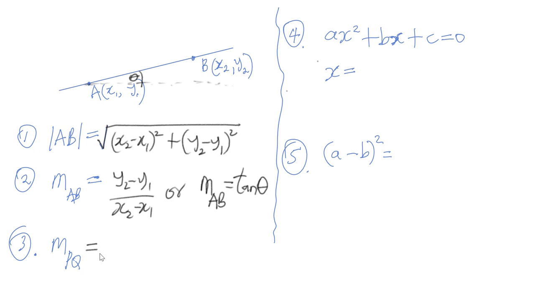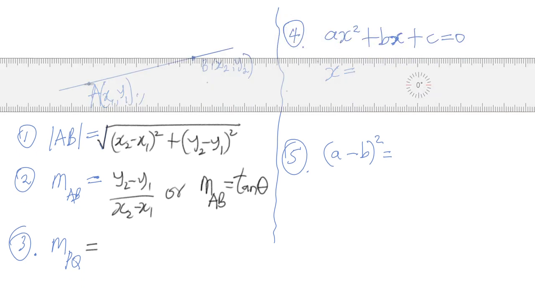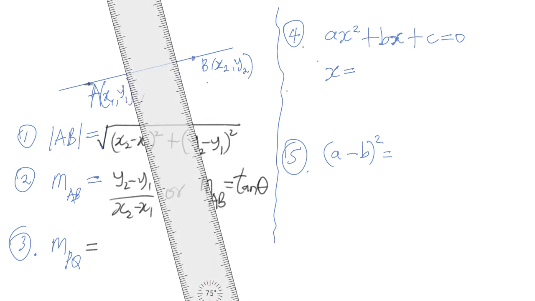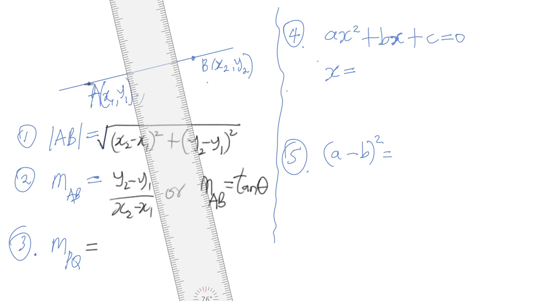Now, next key point, find the gradient of line PQ. Let line PQ be one that makes 90 degrees with line AB. So I draw a line making 90 degrees with line AB.